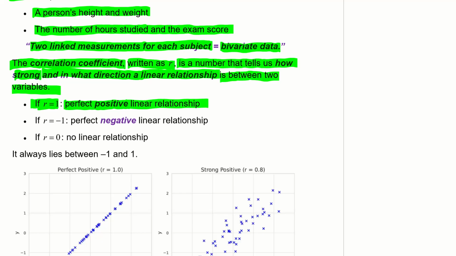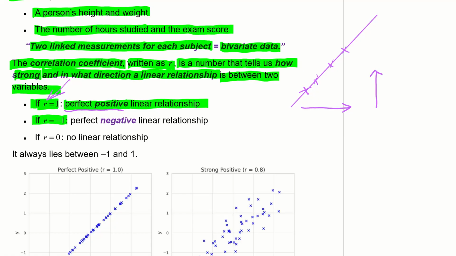And when we say positive, it means the gradient is positive. So as one variable increases, so does the other. R equals 1 is a perfect relationship, so all the points will lie on the line. We'll have a look at this again in a moment.